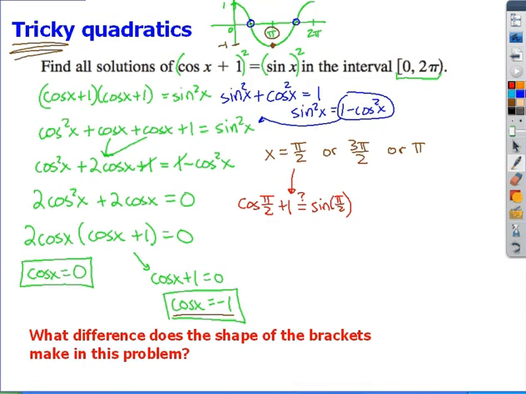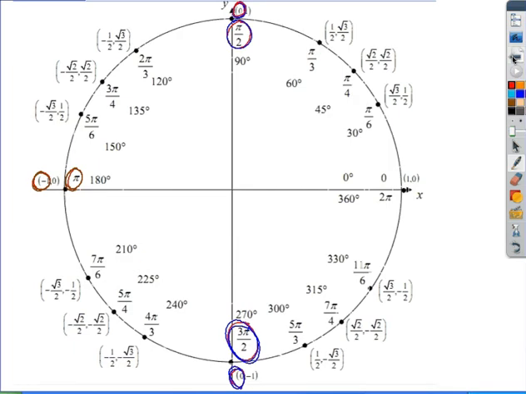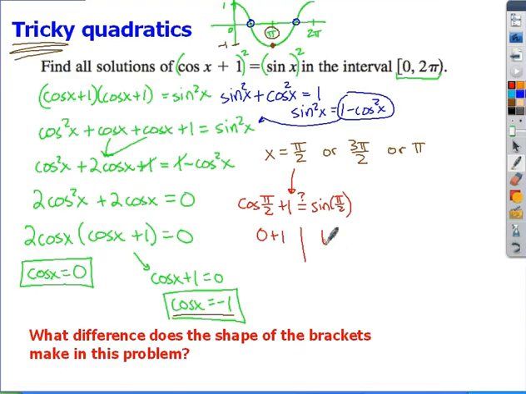So we have 0 plus 1, and sine pi over 2 is 1. So 1 equals 1, and yeah, it's true. Okay, so this one, we're good.